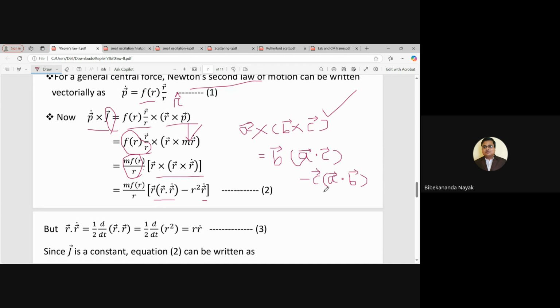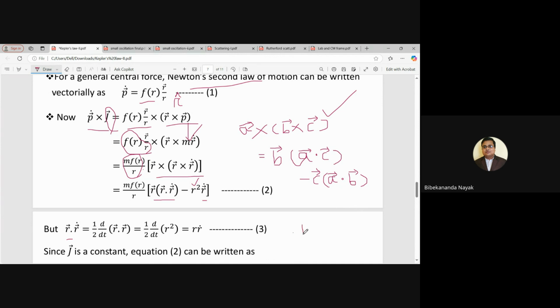A dot B means r dot r, and r dot r is equal to r square. But r dot is dr by dt, and since the dot product is commutative, A dot B is equal to B dot A, so r dot dr by dt is the same as dr by dt dot r.